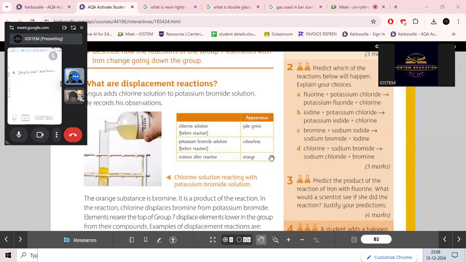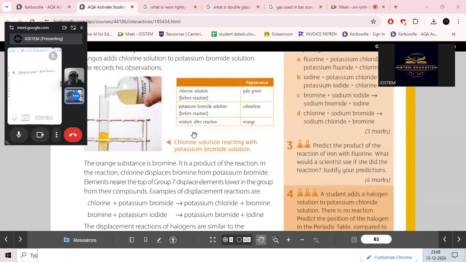Let me give you one example. Let's say chlorine is there, and we add potassium bromide. If we add chlorine to potassium bromide, this chlorine will displace the bromine part and take the place of bromide.